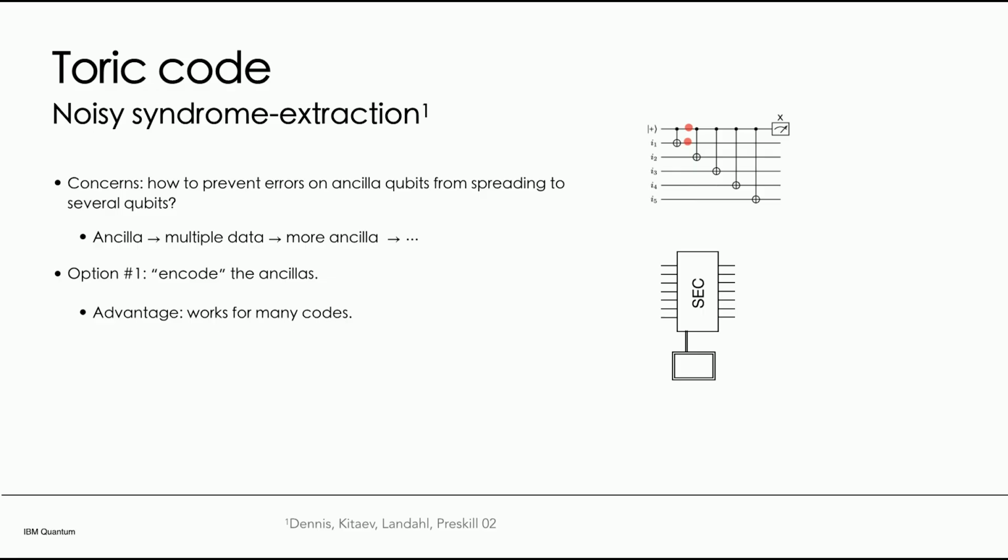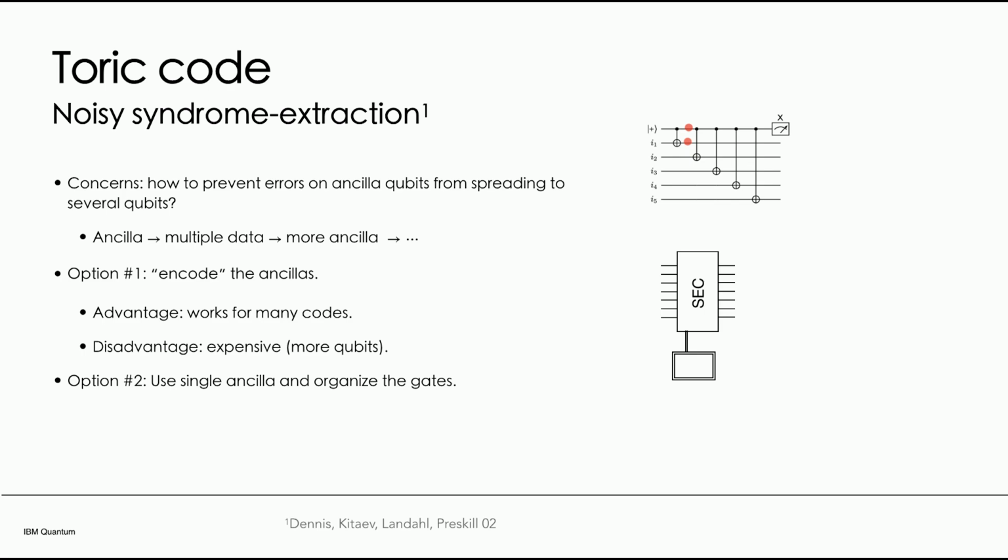The advantage of some of these more general proposals is they work for a wide range of codes. The disadvantage is that once you start to encode your ancilla, now you're increasing the number of qubits that you need for running a fault-tolerant circuit. Not only do you need an error-correcting code to protect your data qubits, you need an error-correcting code to protect your syndrome qubits. You need an error-correcting code for every little thing. It can get out of hand pretty quickly.